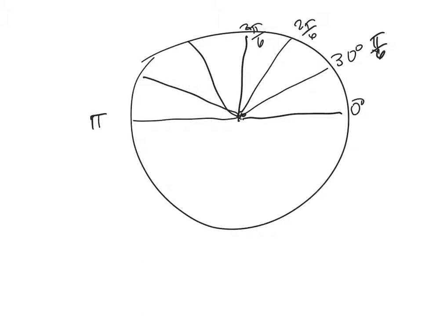And then how about 7 pi over 6? That'd be down here. Now, use your big brain and figure out how many degrees that is. It's more than 180, right? How much more than 180? 110, are you sure? 180 plus some more. There we go, 210.